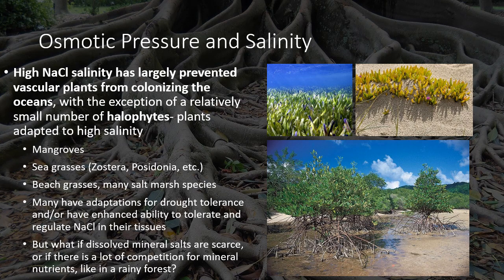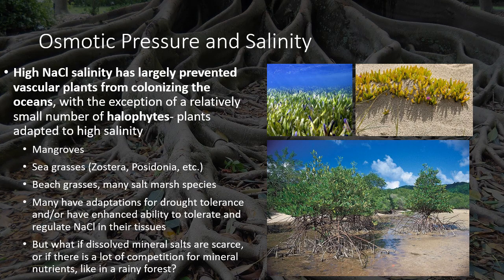High salinity though, I mean, it is a relatively frequent problem for plants, but in many ecosystems, dissolved mineral salts are scarce. A lot of plants are in fierce competition for the relatively small concentration of mineral salts there are in the soil, especially in something like a rainy forest.